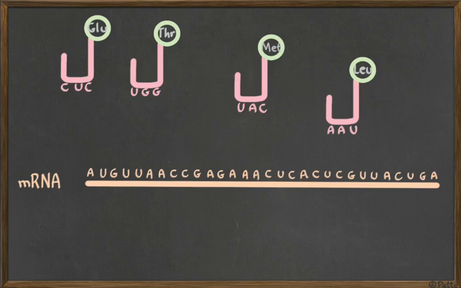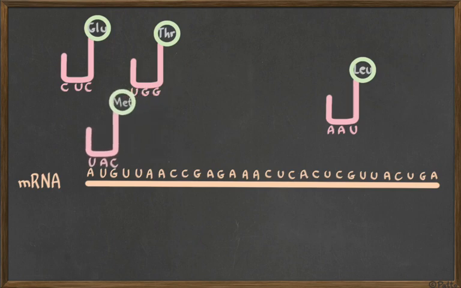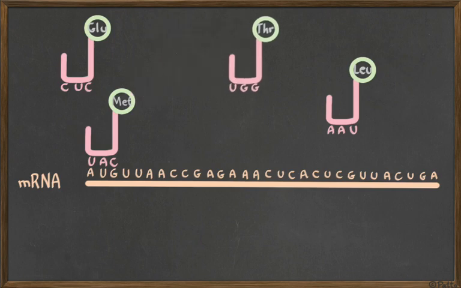Okay, so now that you took a look, you're going to see that the one that fits is this guy over here. A pairs up with U, U pairs up with A, and G pairs up with C. The complementary goes over there, and the first amino acid brought was MET. As I told you, MET is the first one in prokaryotes, so this is the first one that's read.